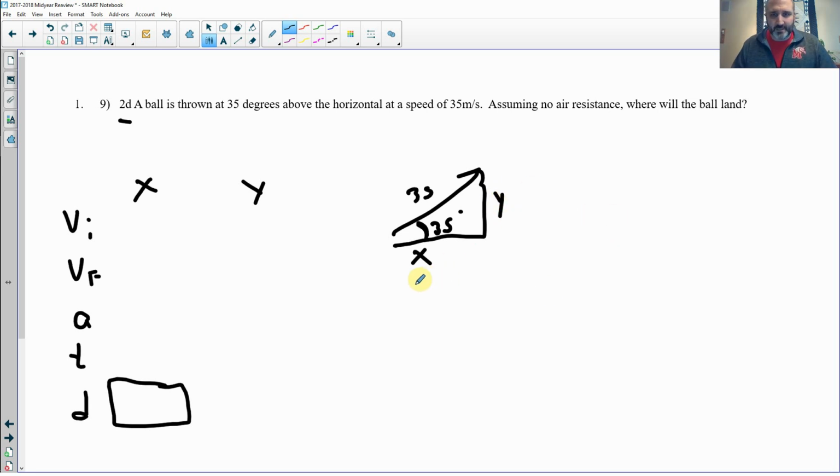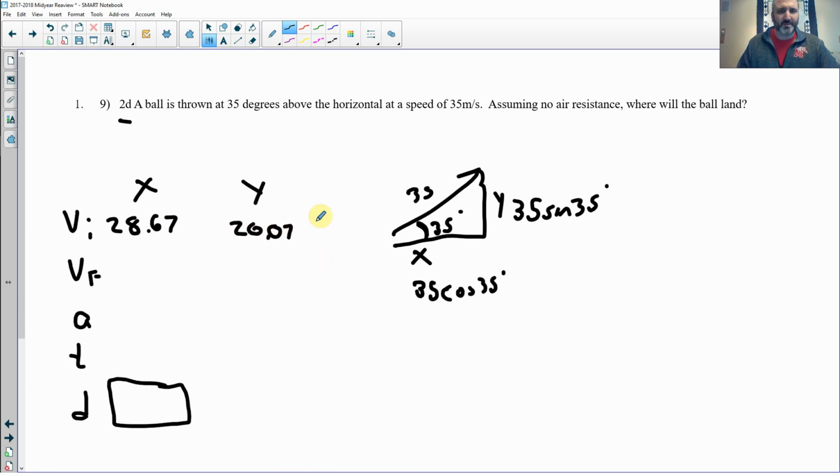To get the X, it is 35 cosine 35 degrees, and the Y is going to be 35 sine 35 degrees, and these two things will go in the XY chart. So the X dimension is going to be 28.67 meters per second, and the Y is going to be 20.07 meters per second. So we're done with our triangle now.